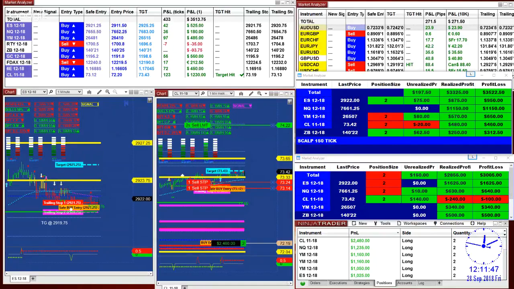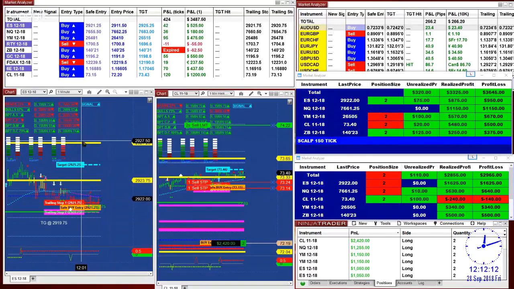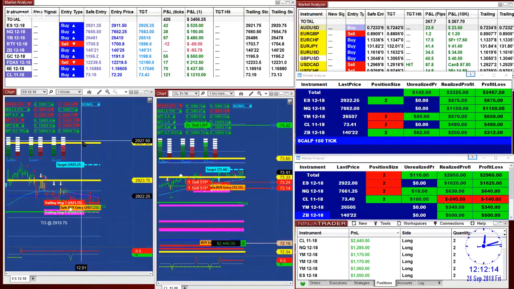Right now, we are on 430 ticks based on the last entry signal. 3,486 is right there based on one contract. And we're not going to get a new signal on the ES. It looks like it's going to stay. Now it's 12 o'clock. I don't know what will happen at 1. But this is it. That's all we have for today.